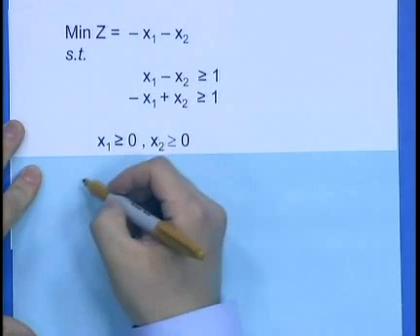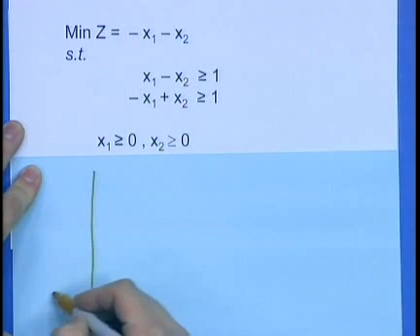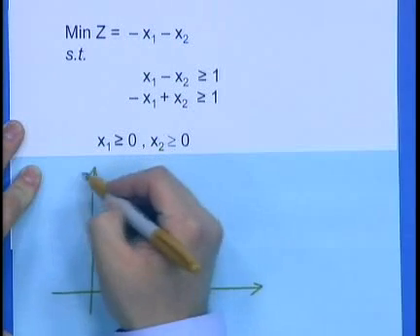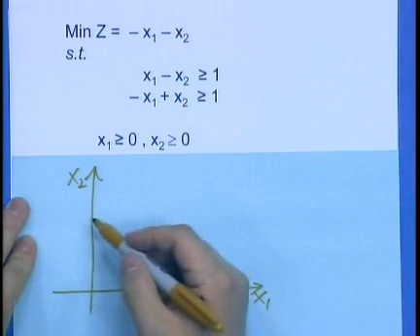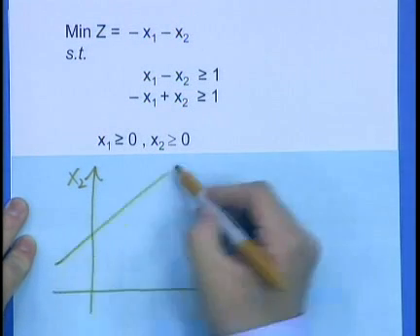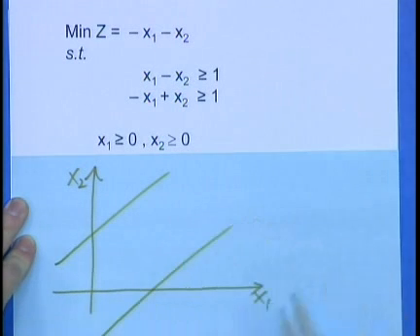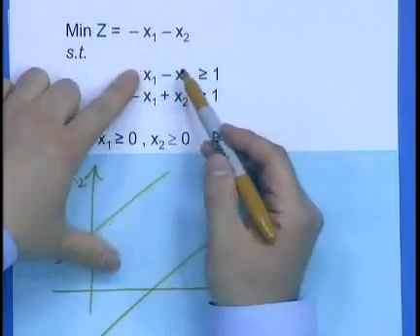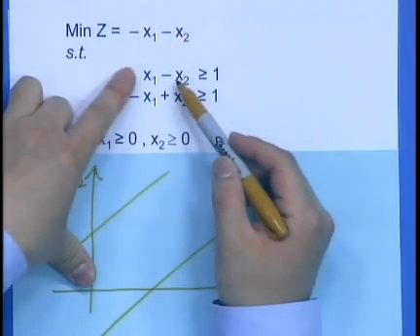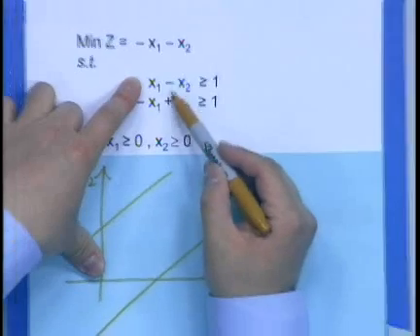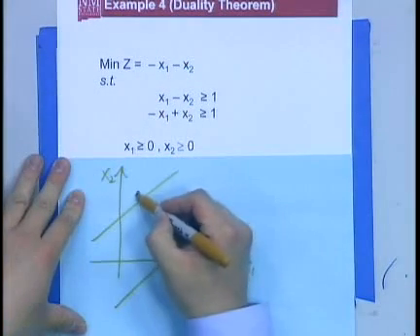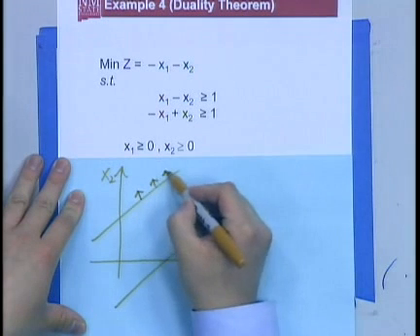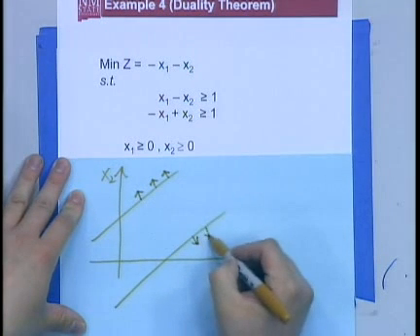Okay, so in this case, something like this. And again, the origin does not satisfy both constraints, right? Which means the feasible region would be this direction and this direction.